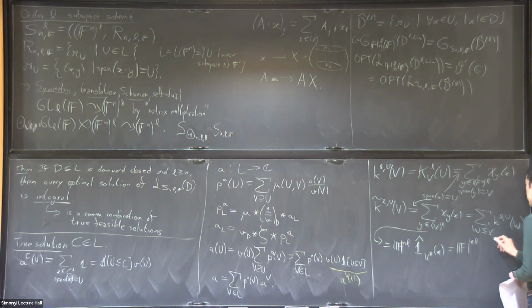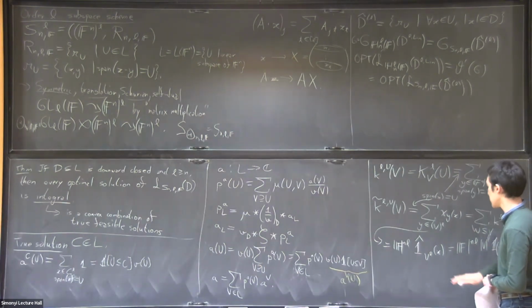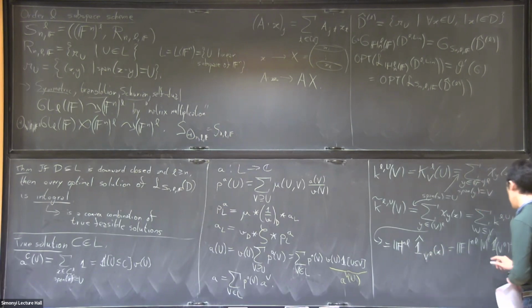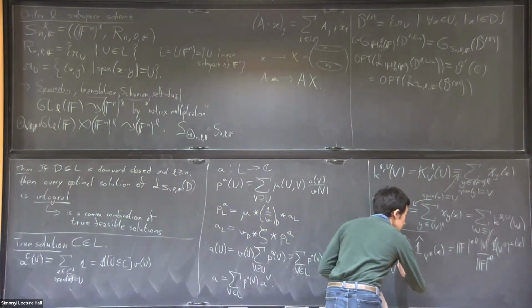This is the indicator of the dual code, the L perp, evaluated at x still, times the size of the code, which is V to the L. Well, V, sorry. I guess it's V. Yeah, okay, sure. V to the L. Oh, okay. Yeah, my notes are flipped. That's what's in my notes, by F to the N to the L. And so this cancels. So you get V to the L.